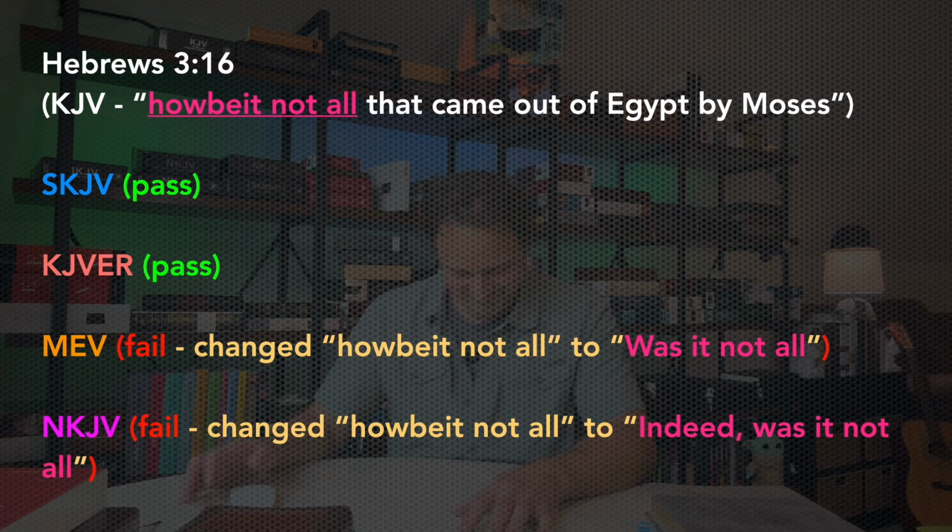The MEV and the New King James are a blundering fail here. No, I'm just kidding. They are just a fail because they say, "was it not all?" And then the New King James says, "indeed, was it not all?" But it wasn't all that provoked. If you read the whole thing, it says, "howbeit not all that came out of Egypt by Moses that provoked." Caleb and Joshua did not. So it wasn't all.